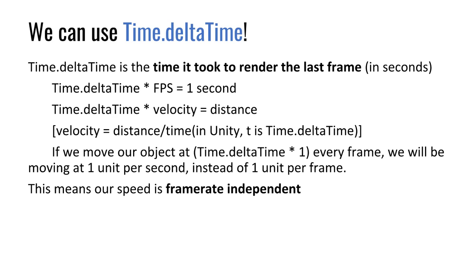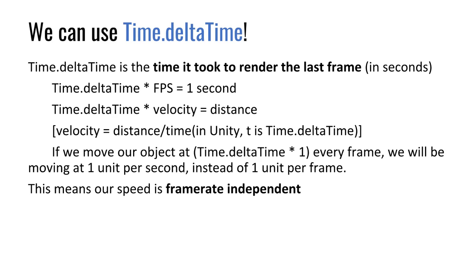There is a variable which is accessible to all scripts called Time.deltaTime. The concept of Time.deltaTime is that if you multiply it by your current frames per second, you get 1 second. In other words, this is the time it took to render the previous frame.